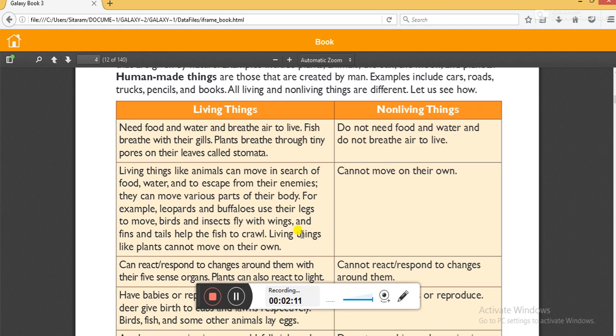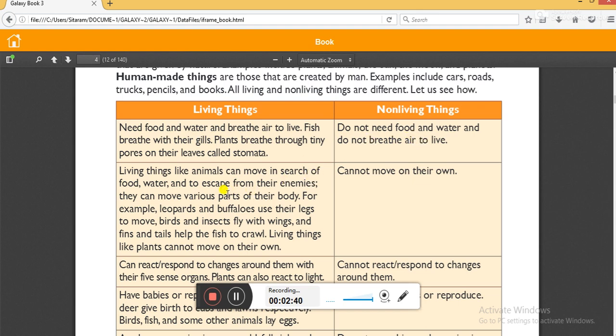Living things like plants cannot move on their own. Here is a comparison of living things and non-living things. What can living things do? Living things need food, water and air to breathe in order to live, but non-living things do not need food and water and do not breathe air to live.